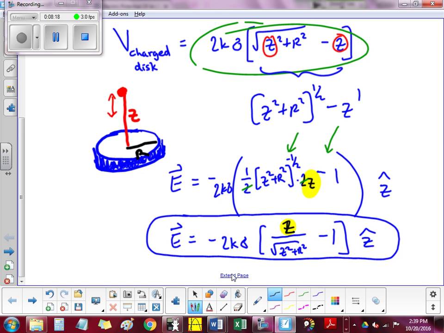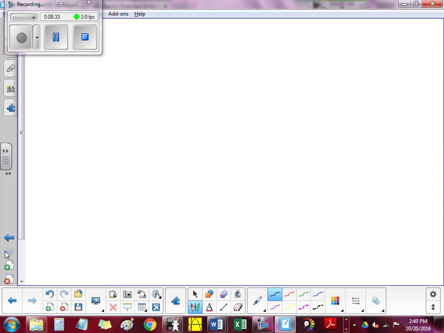All right, let's try another one. So that was kind of silly because we took a potential and we derived it, negated it, and assigned it direction, and we got an E we already knew. But remember back when we did Gauss's law, E was quite hard to do. And since then, we have found that V is actually a little easier to work with.